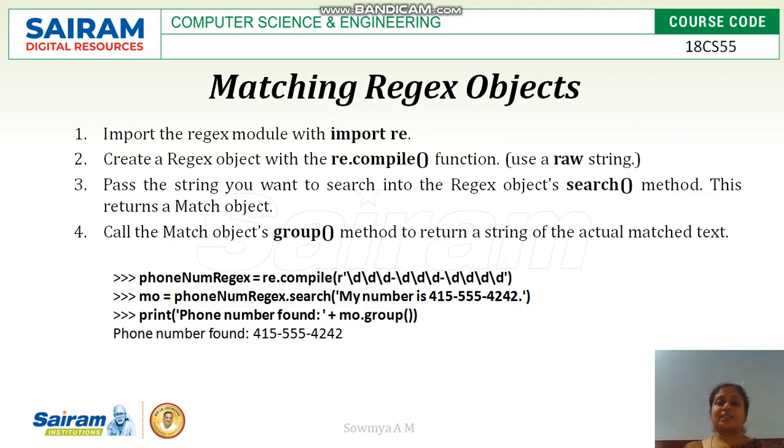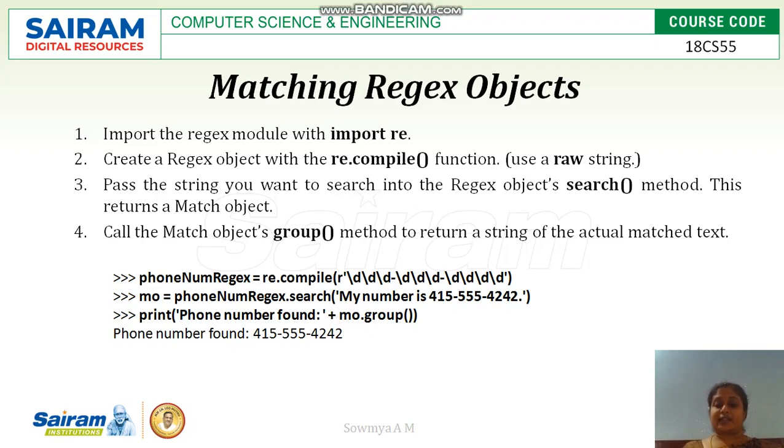So next one is matching a regular expression with an object. Once our object is created for the regular expression, then you have to use the search method to search the pattern. The search method is always called with an object. So with the previous example, phoneNumRegex is the object name, the dot search method is called, and the search method is passed the string, or the variable name in which the string is saved.